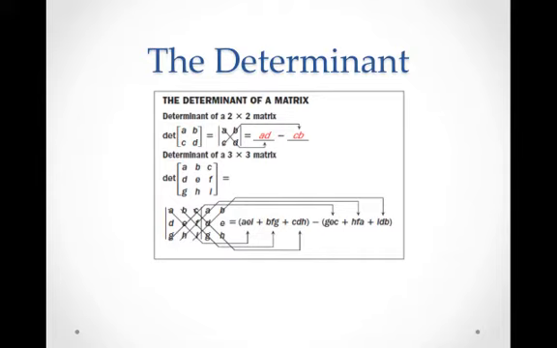You start with the first main diagonal, so A times E times I, and then plus, you go over one to B times F times G, and then plus, you go over to the third main diagonal, C, D, H. That's why you have to extend it with the two extra columns.